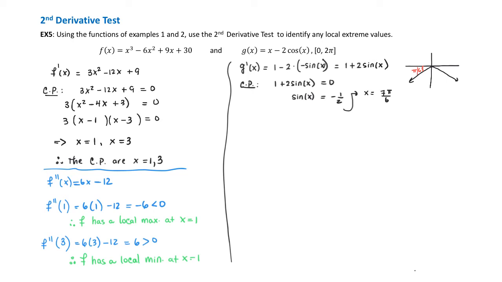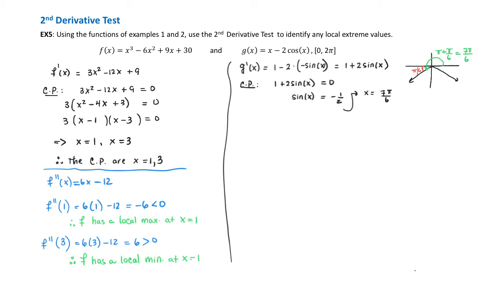So then the angle in the third quadrant will be pi plus pi over 6, and this is exactly how I get 7 pi over 6.